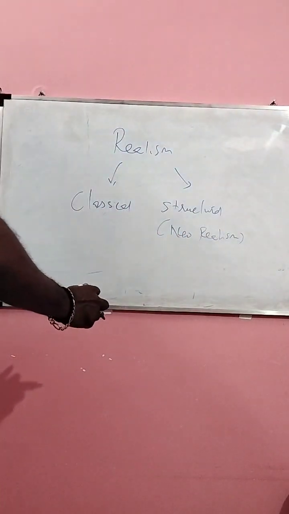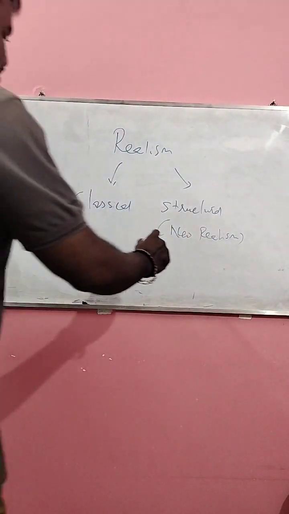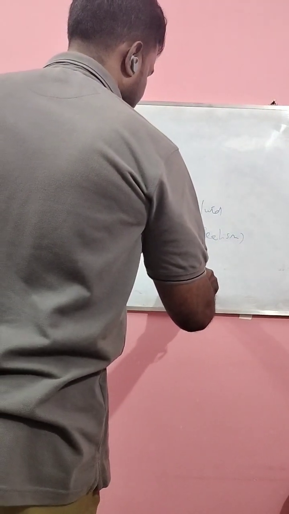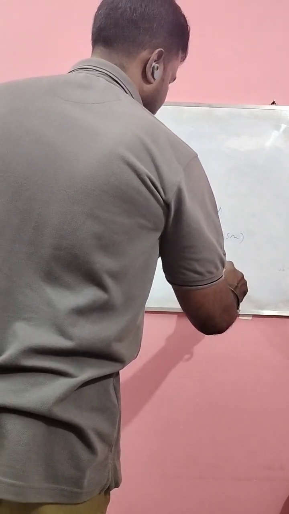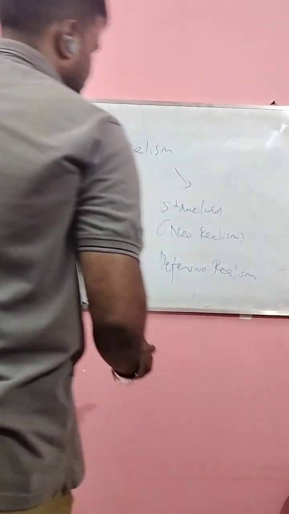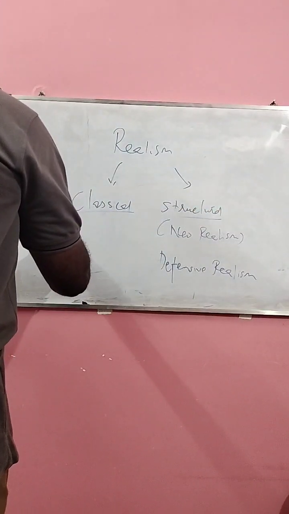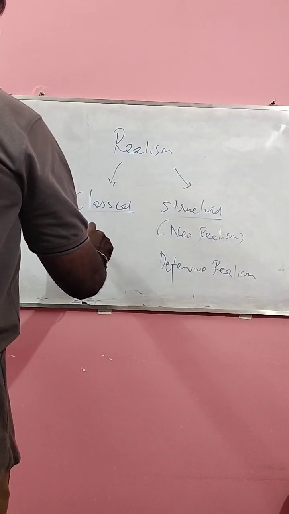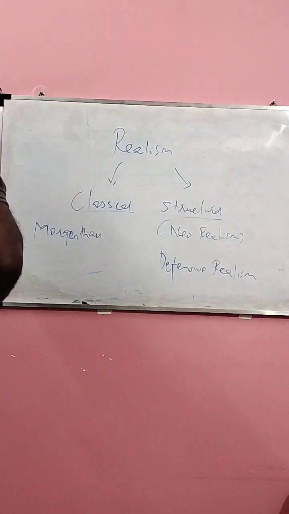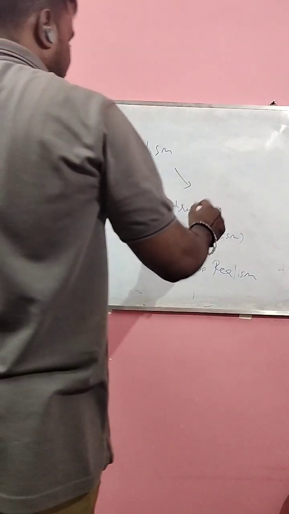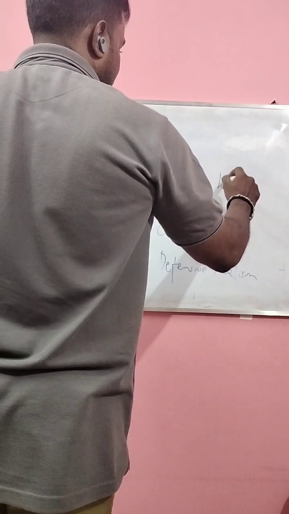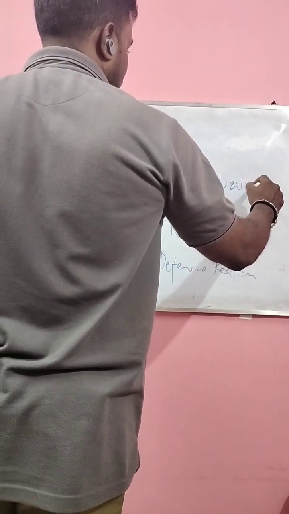This in turn can be divided into defensive realism and offensive realism. The important scholar in classical realism was Morgenthau. One of the important scholars in structural or neo-realism was Waltz.